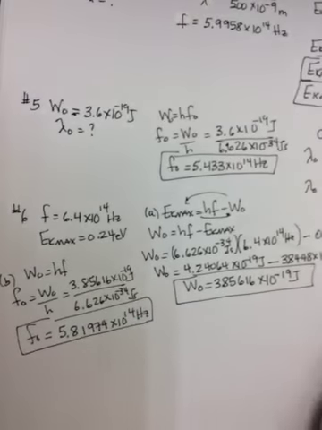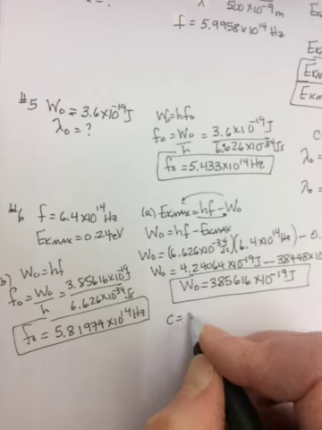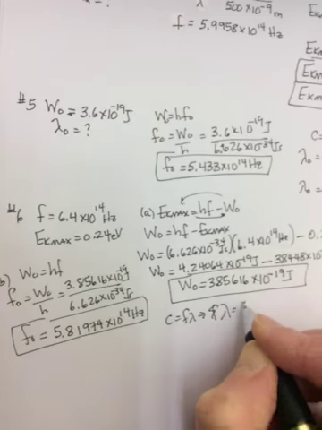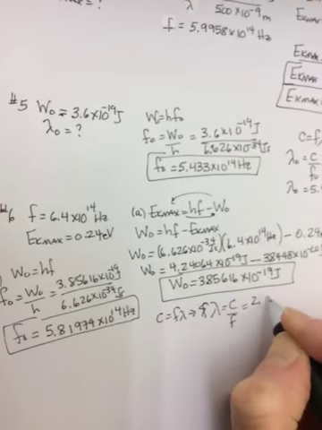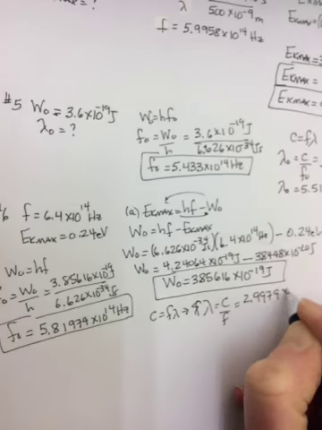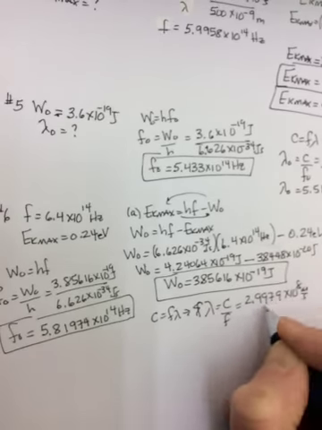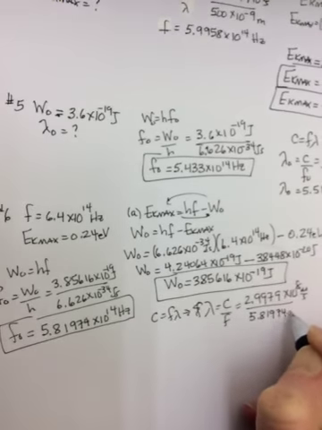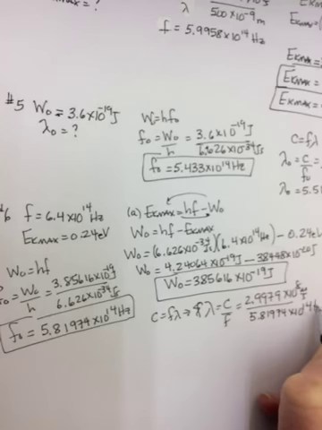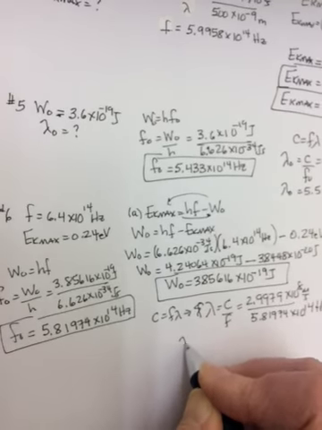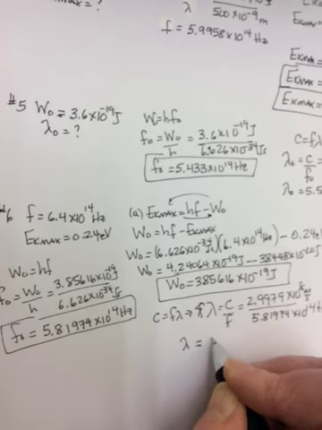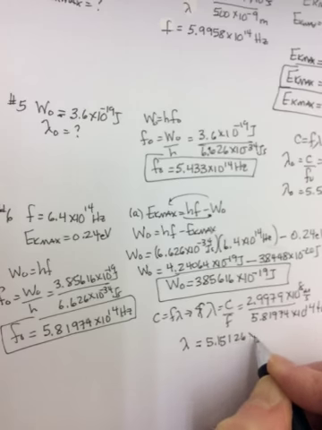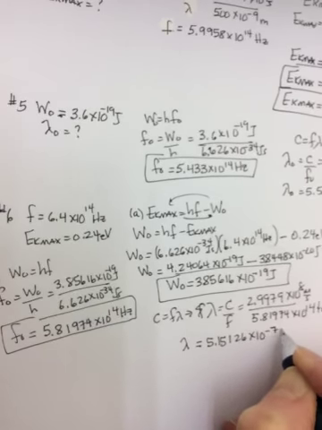Part C wants to know the threshold wavelength. So C equals F lambda. So lambda equals C over F. 2.9979 times 10 to the 8th meters per second divided by 5.81974 times 10 to the 14th hertz, and you end up getting a lambda of 5.15126 times 10 to the negative 7 meters.